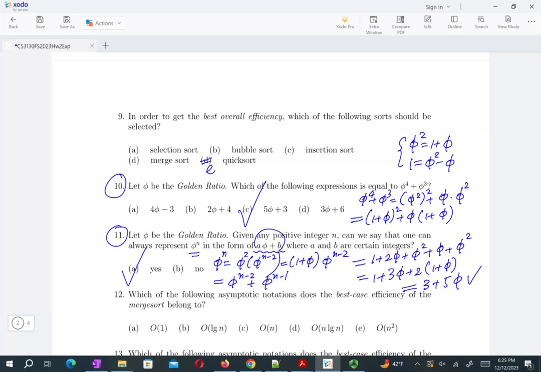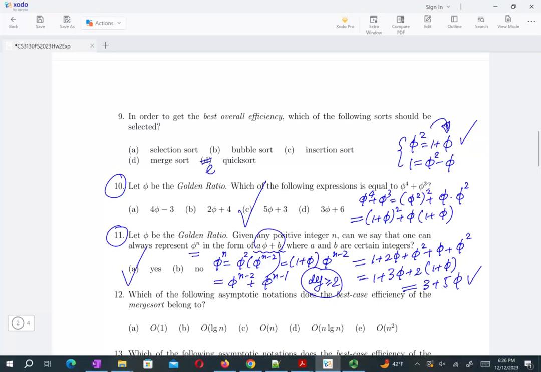So whenever you can find a term with degree greater or equal to 2, then you can use the first property of the golden ratio to bring it down in this way. Replace phi squared by 1 plus phi to bring it down.